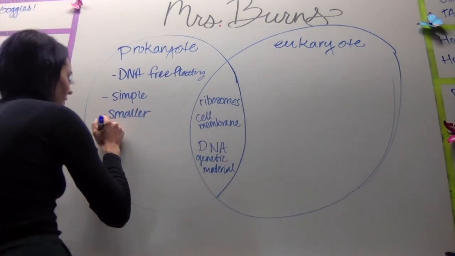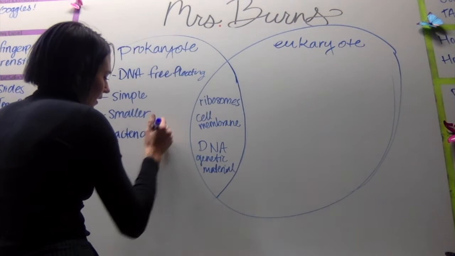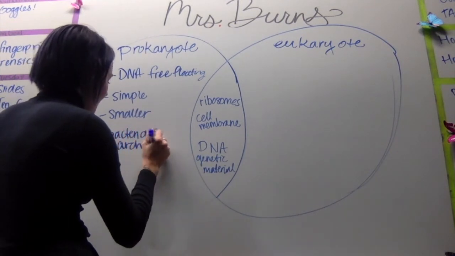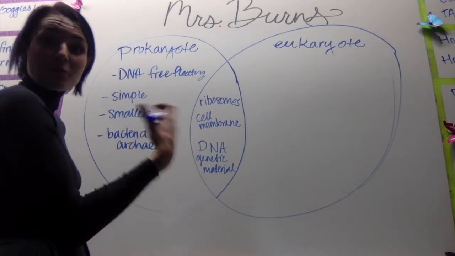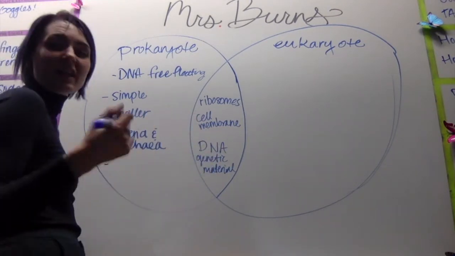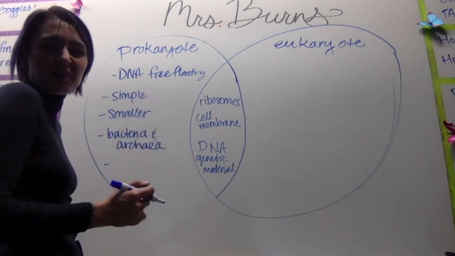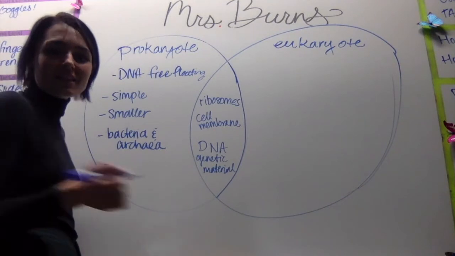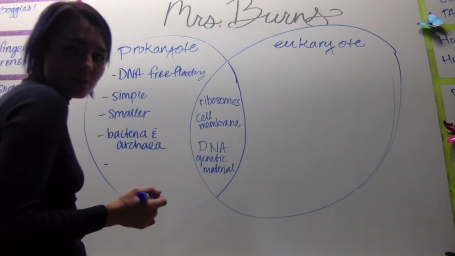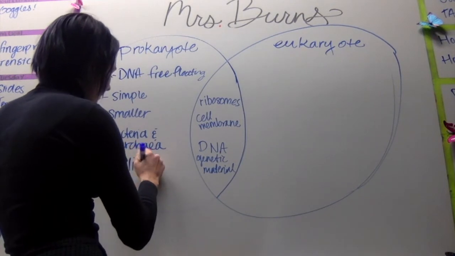These include bacteria and archaea. Remember, archaea are like the things that live in really intense environments, like really hot, really cold, things that most life can't really live well in. So it's archaea, it's archaic. It's crazy. Let's see, what else? They were the earliest life forms.